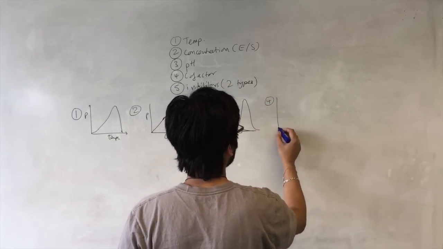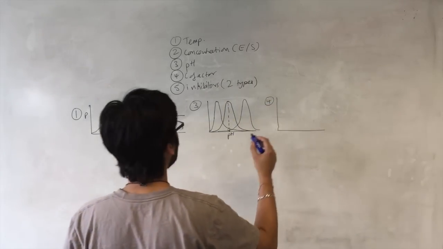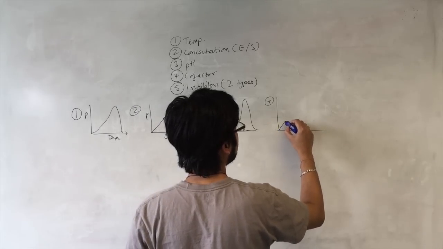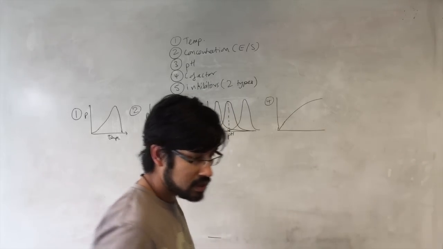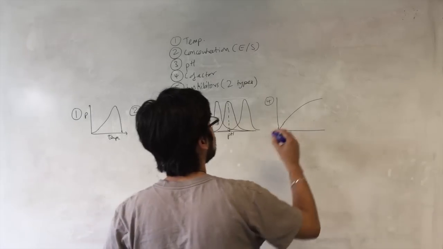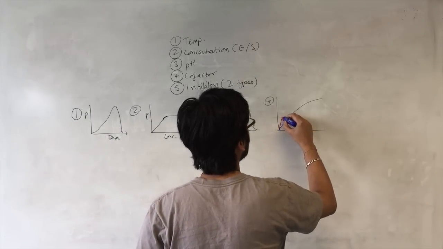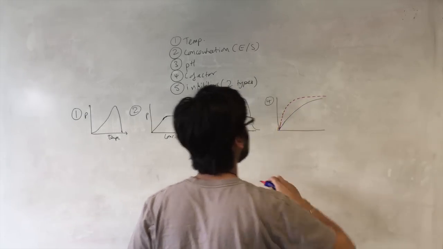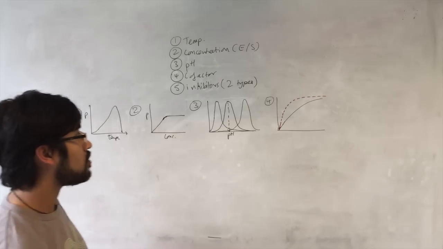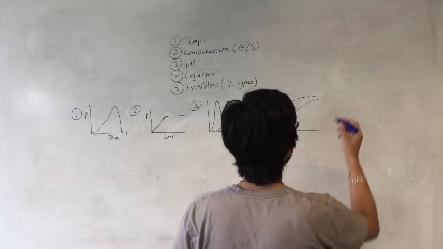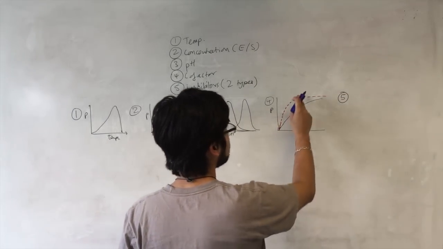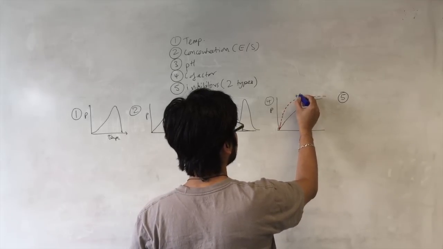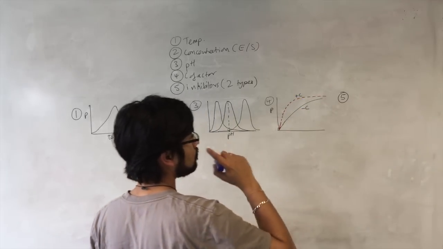Remember cofactor, so if that's our regular enzyme like that, a cofactor might do this. Alright, so it's going to increase the rate of that reaction. And 5, that's product formation, that's plus cofactor, and that's minus cofactor.